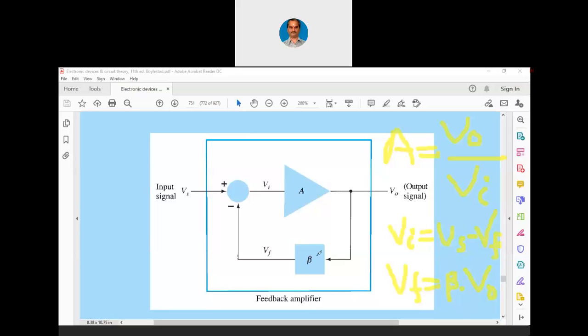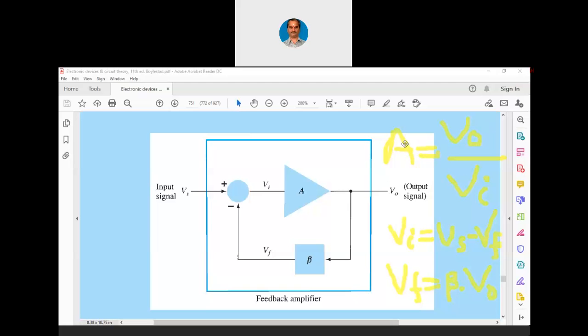See, this beta is a small factor by means of which Vf is obtained. Let us say if beta is 0.1, then Vf is 0.1 of V0. That means Vf is 10% of V0. Just like we have written A is nothing but V0 by Vi, V0 can be written as A into Vi.